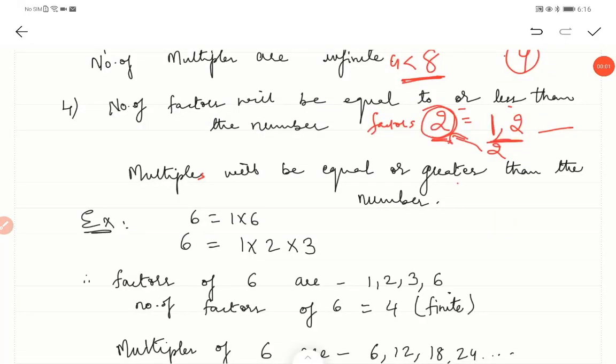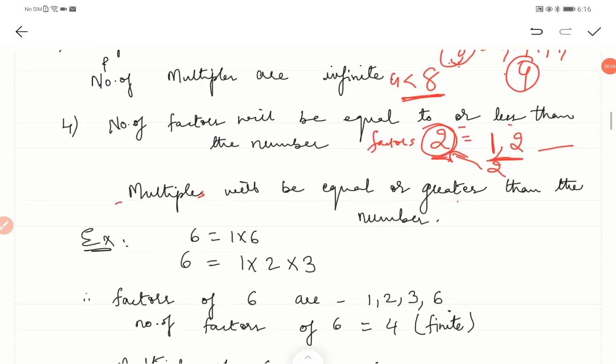And the last thing you need to know in these rules is about multiples. Multiples of any number will be equal to or greater than the number. If I take the number 2 as an example, factors of 2 were 1 and 2, isn't it?